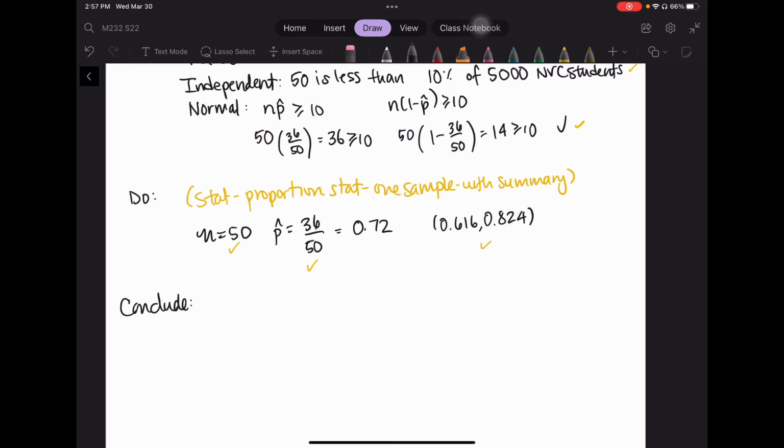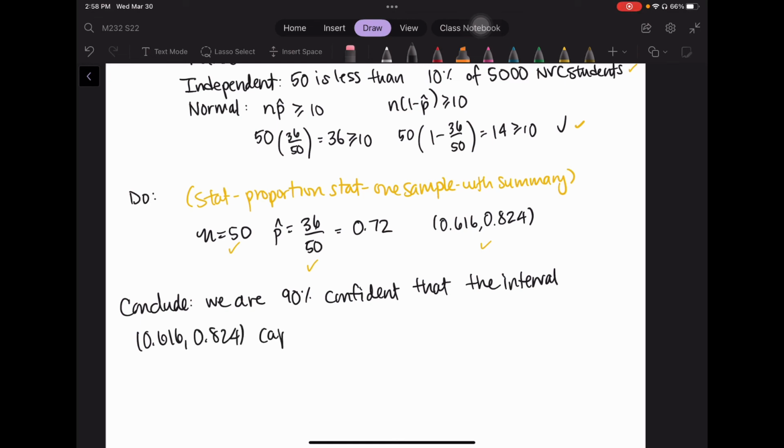We make our conclusion connecting the confidence level, the parameter, and the interval. The way that we do that is we say we are, however confident we are, so we are 90% confident that the interval, and we write our interval, captures the parameter, so that's p, the true population proportion, that's our parameter that we're talking about, of, and then what's the context?